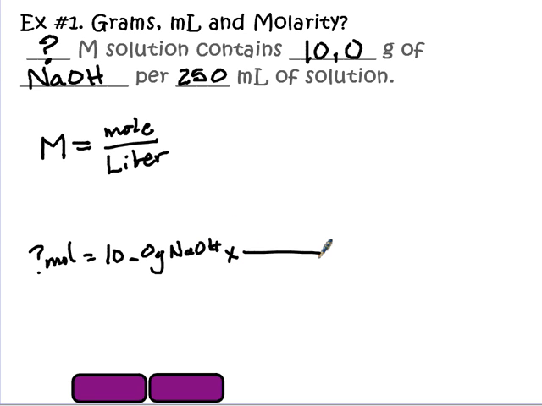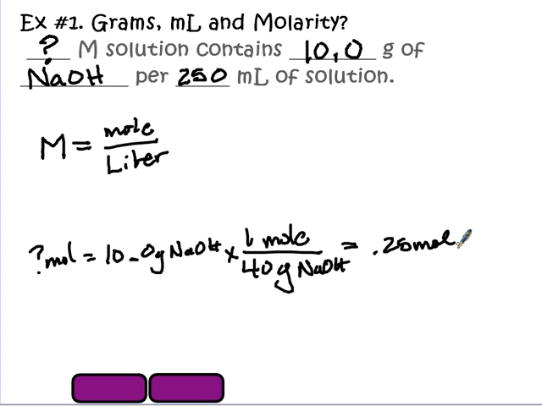So I'm going to set up my dimensional analysis here. On the bottom is going to go grams. And if I look that up on the periodic table, I see that's 40 grams, and that's in 1 mole, because that's my molar mass. And if I crunch that out, I get 0.25 moles of sodium hydroxide.